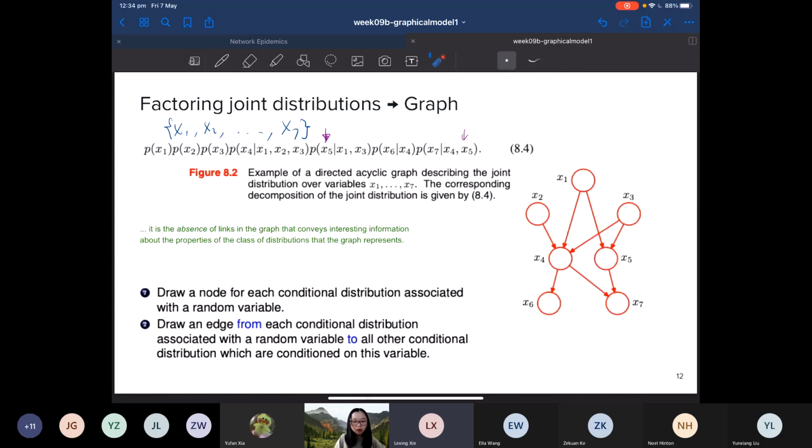We can also look at one of the lower numbered nodes. Let's say x1 is not conditioned on anything, so it gets its own node with no incoming edges. x2, same thing, it has no incoming edges. But let's figure out which nodes are conditioned on it and then just draw the corresponding edges. We're now drawing x2, so x4 is conditioned on x2. That's it. Right, so here's the edge.